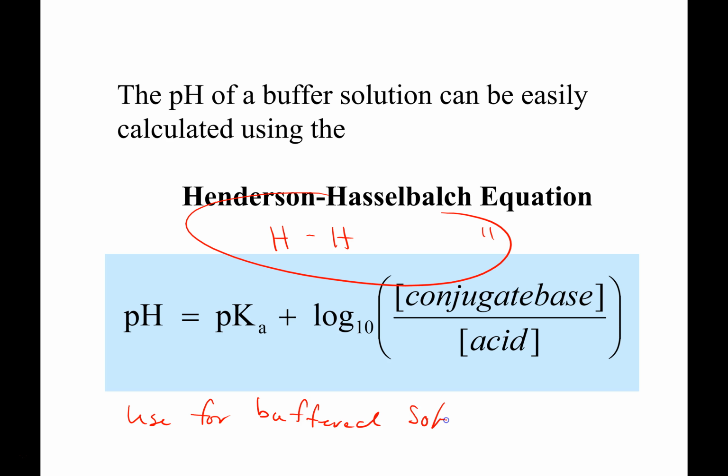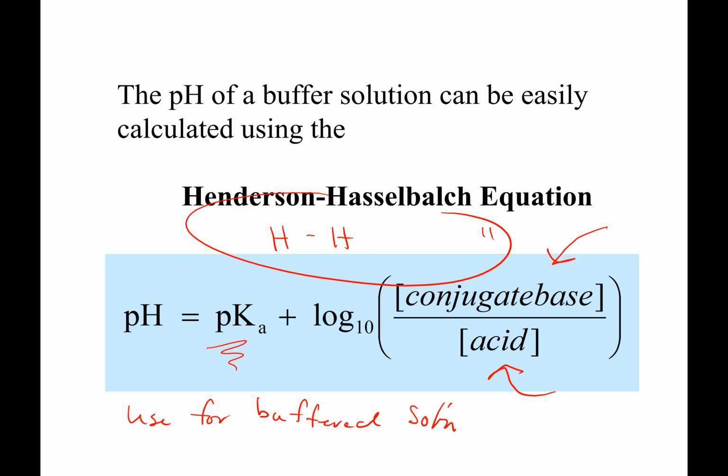If you've been following what I have on the board here, all you have to do is know the molar concentration of your base and the molar concentration of your acid. The Ka you get from a table, then apply the P function to your Ka, and that would be the pH of your buffered solution.